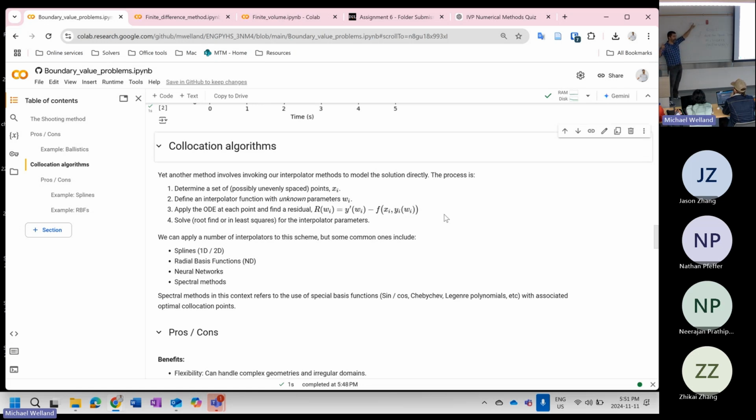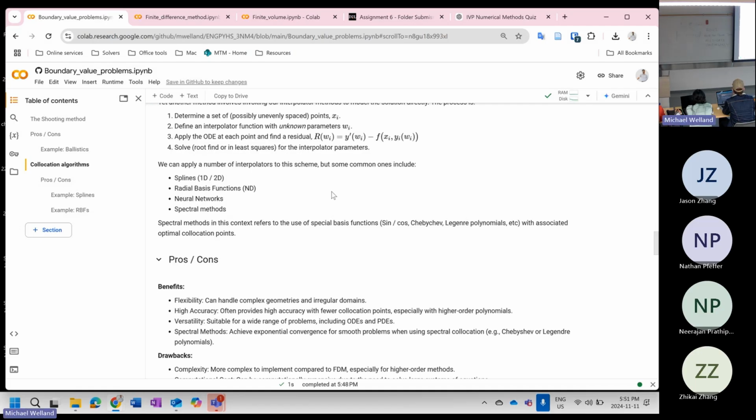So if y is a function of your weights, polynomial weights, RBFs, Fourier series, and so on (Fourier series is an example of this, by the way), then I can do a root finder, or at the very least, least squares, to solve this, which is kind of neat. You can use basically any interpolation method which gives you a result that you can apply that ODE to, and then you minimize that residual.